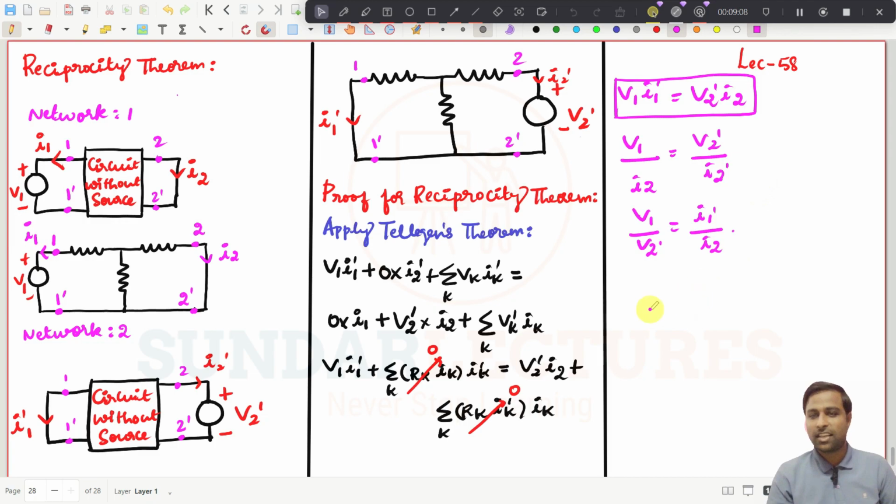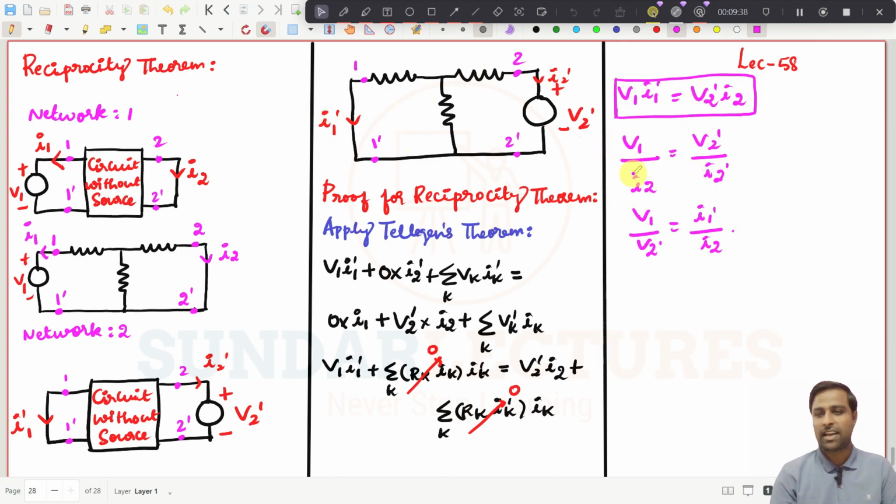So this is the reciprocity theorem. What it is actually telling is, if you know this circuit and what is the voltage, and you find what is the current here, then if you have a circuit like this, and if you know what is the voltage V2 dash, then you can easily find what should be the current here. Without solving this circuit, you can easily get this one by using this relationship. That is the idea. Okay, fine.